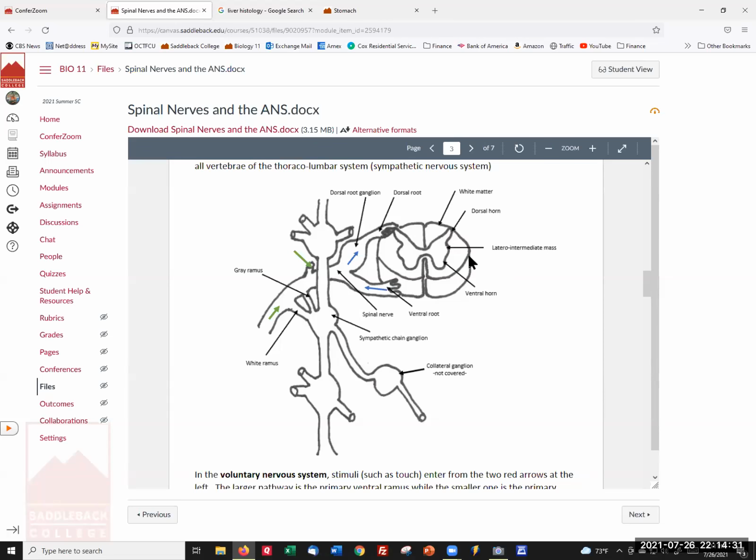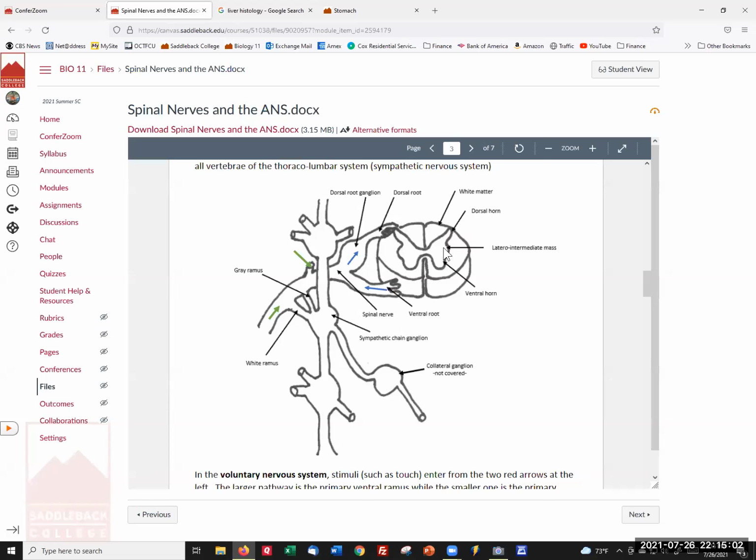So what are the parts? Well, here is the spinal cord itself. In the horns, we have the dorsal horn, which receives afferent input, sensory input, same thing. Down here is the ventral horn, which produces efferent output, motor output.